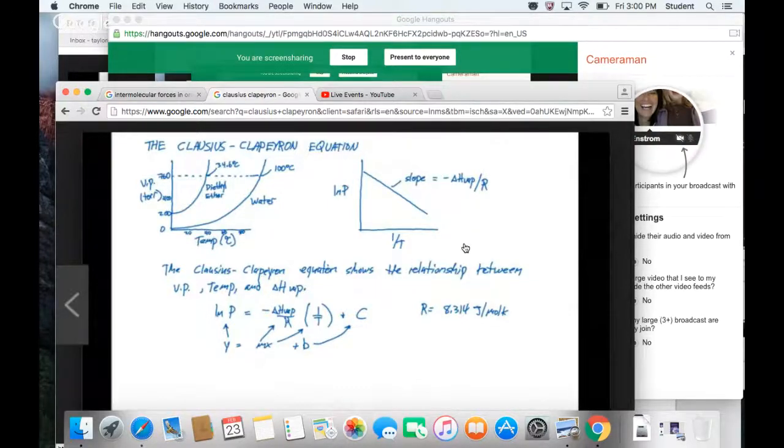Now the slope is equal to this right here, the negative ΔHvap over R. The same R that we used before in the gases, it's back. So basically now you guys can make an easy relationship between vapor pressure, temperature, and the heat of vaporization.